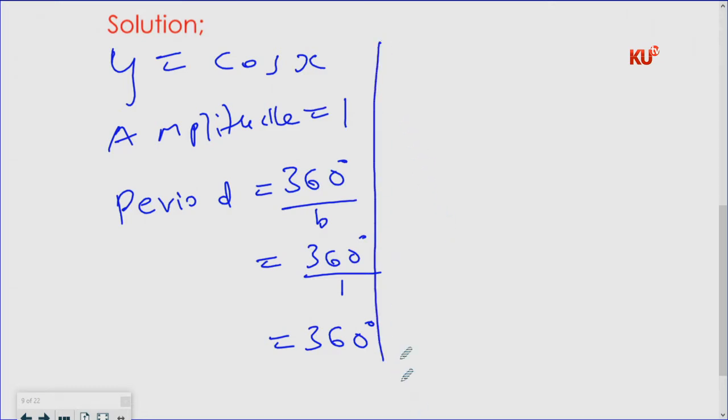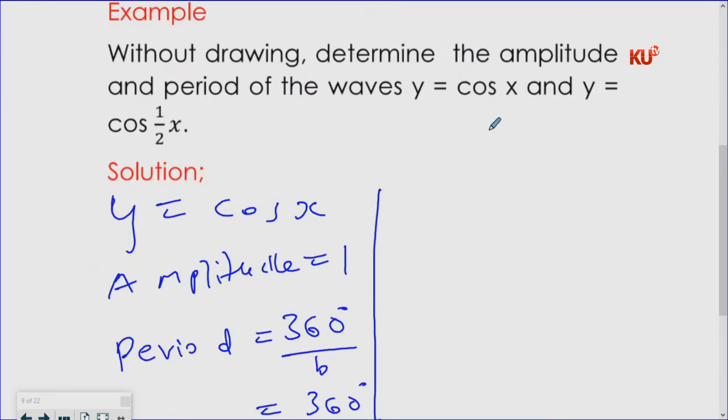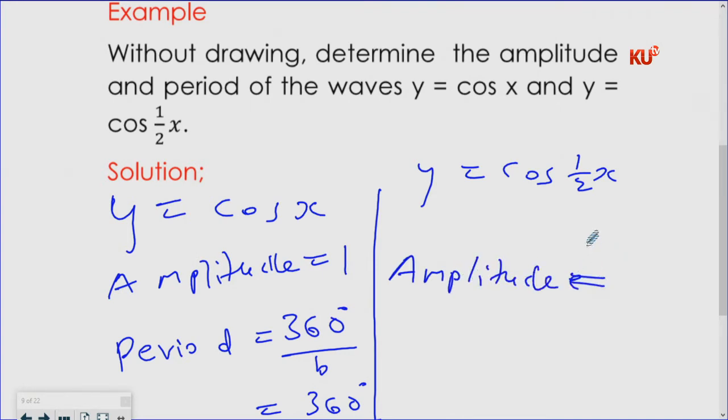Let's look at the second wave, where you are told y is equal to cos a half x. Let's get the amplitude, learner. You just need to look at the coefficient of cos here, which is 1. Then the period: the formula is very important, 360 degrees over b.